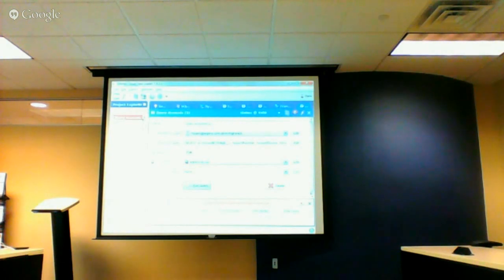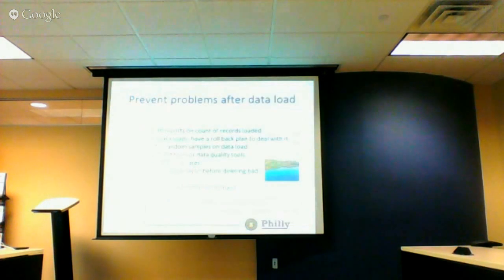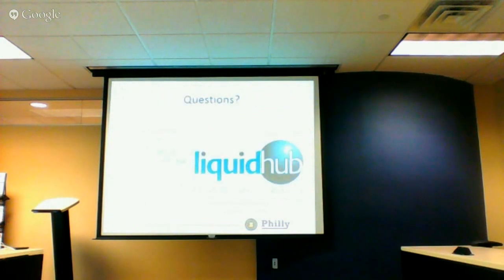I would also add, in the things to consider before a data load, your validation rules on whatever object you're loading. That's a good point. And maybe if you have a lot of workflows and run into governor limits, you might want to turn them off.